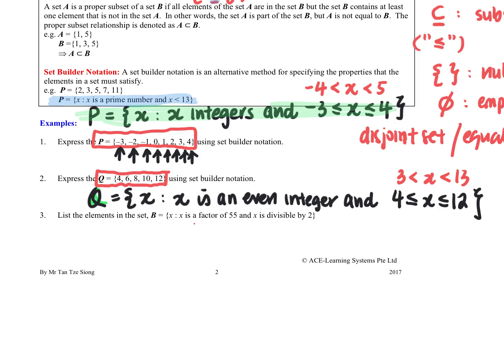Okay, what about this? I want everything that is a factor of 55 and must be divisible by 2. So let's find out what's the factors of 55 first. 1 and 55. 5 and 11. Any more?